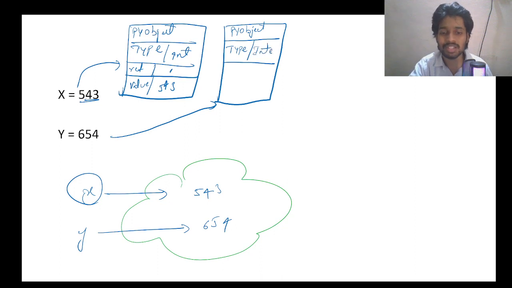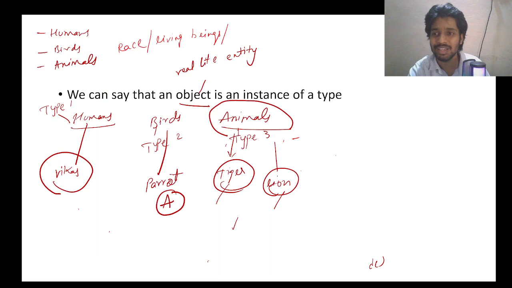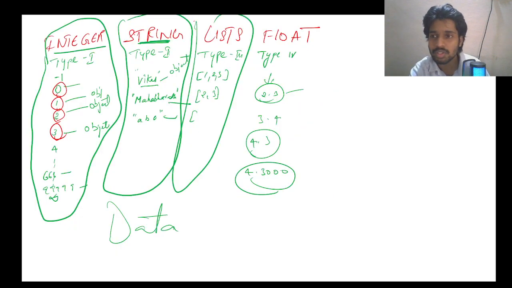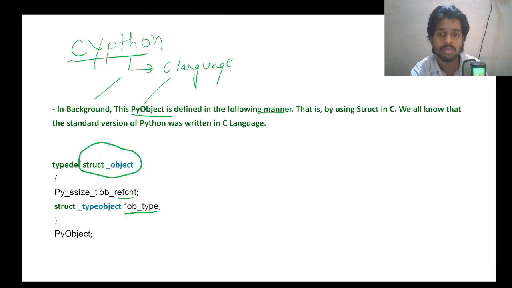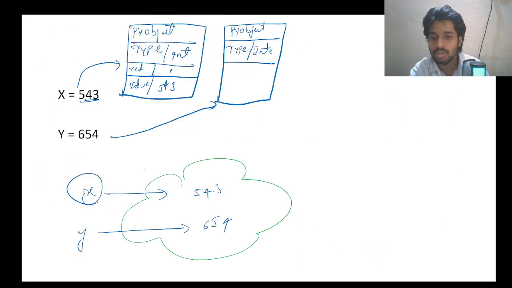I hope you're understanding the object concept. Let me show you here. What's the type? The type is integer. What's the object? The number is the object. So that's what I'm trying to tell you here. So this is the object. What's the type? Integer. What's the value or the object? 654. And the reference count is 1.